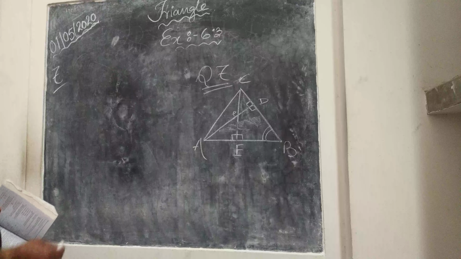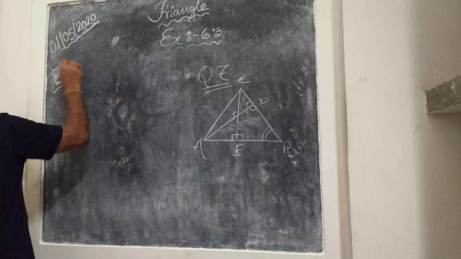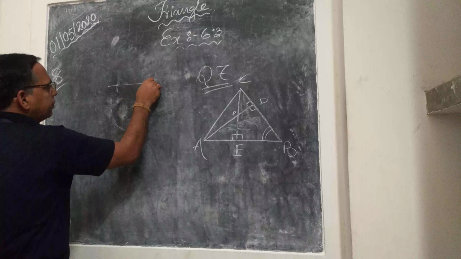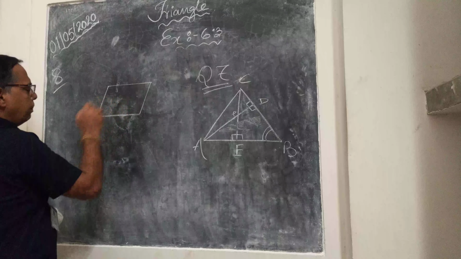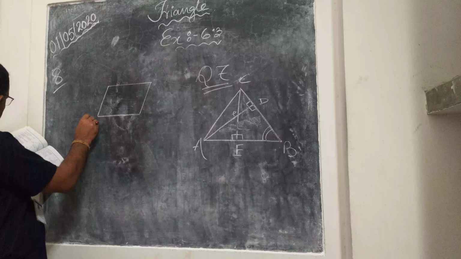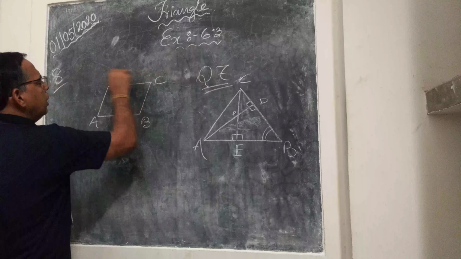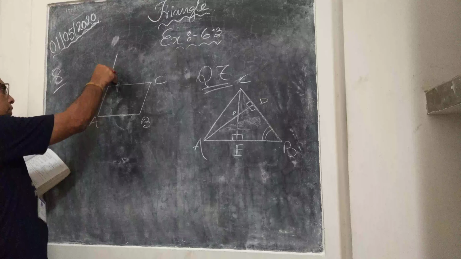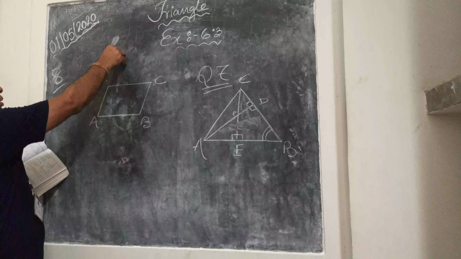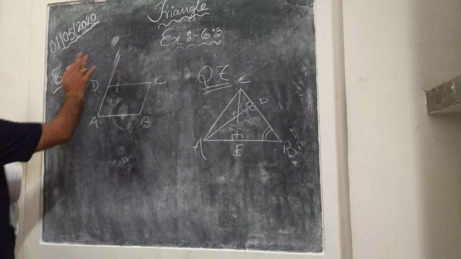Now first of all, you have to draw the parallelogram. ABCD is a parallelogram. See what is given? AD produced. Okay?